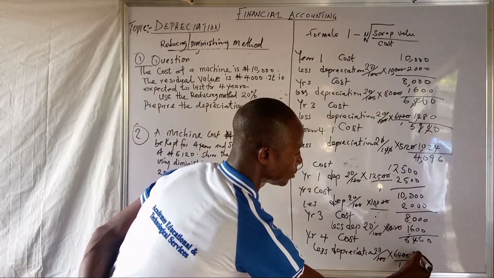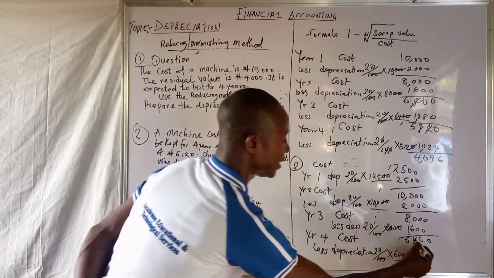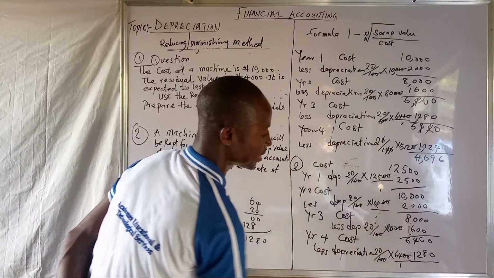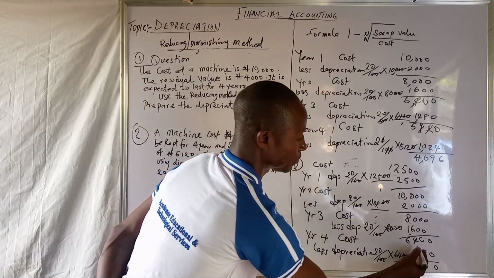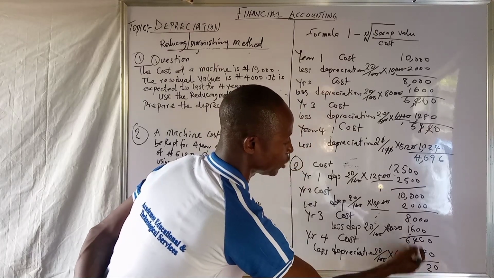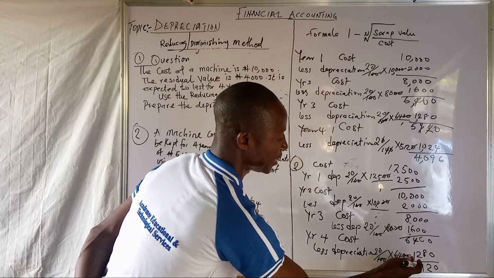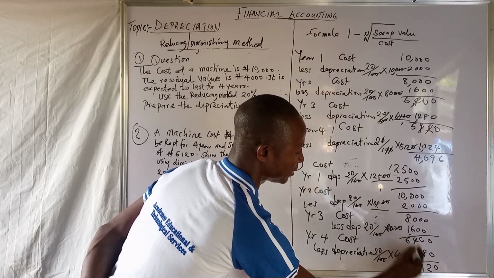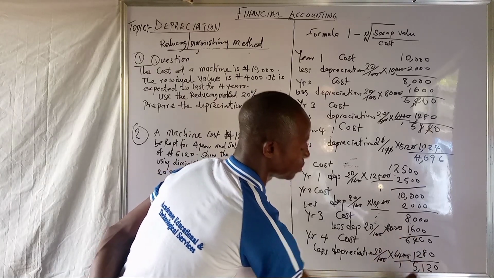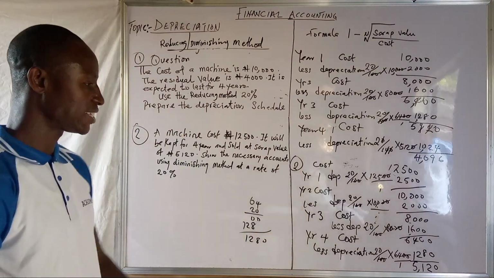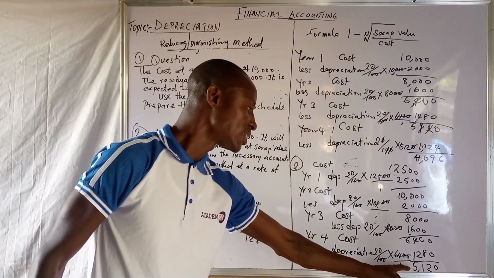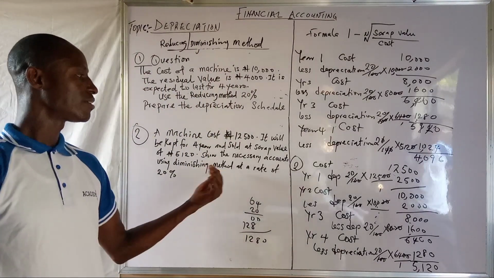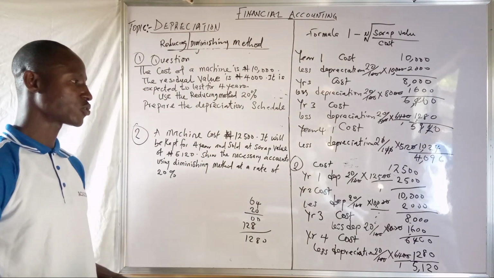So 1,280, subtract it from this 6,400. 0, 10, 2, then 2 in 3, 1, and then 1 in 5, which is 1 in 6, which is 5,120. And this is known as our scrap value for the charging of this reducing method for this question 2.